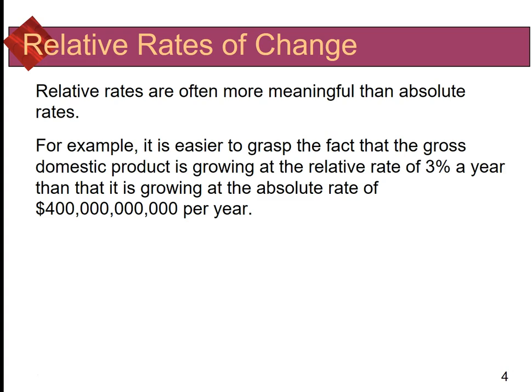They go into an example here, where it could be easier to see what the actual change is. If I say that the gross domestic product is increasing at an absolute rate of $400 billion per year, that makes it sound like it's drastically increasing.